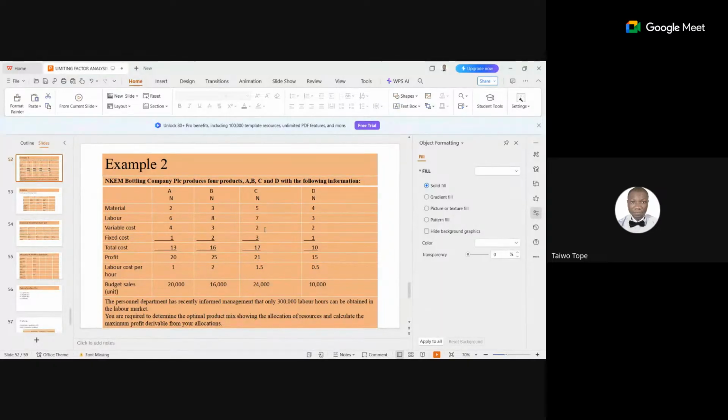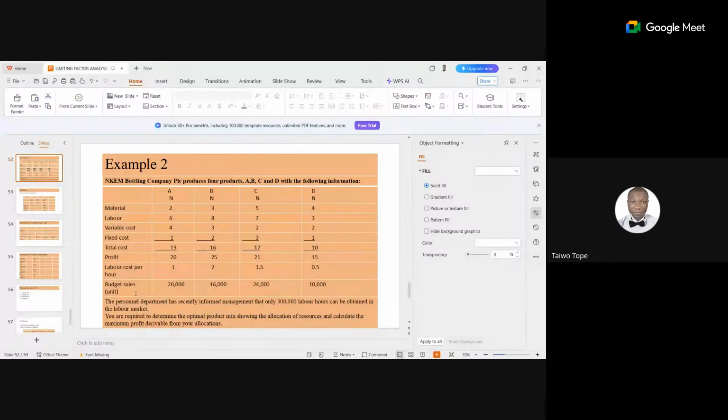So when computing fixed cost, you compute it based on the total that has been planned for. That is why for D, it will be based on the budgeted sales. It will be based on 10,000 units, which will be 1 multiplied by 10,000.